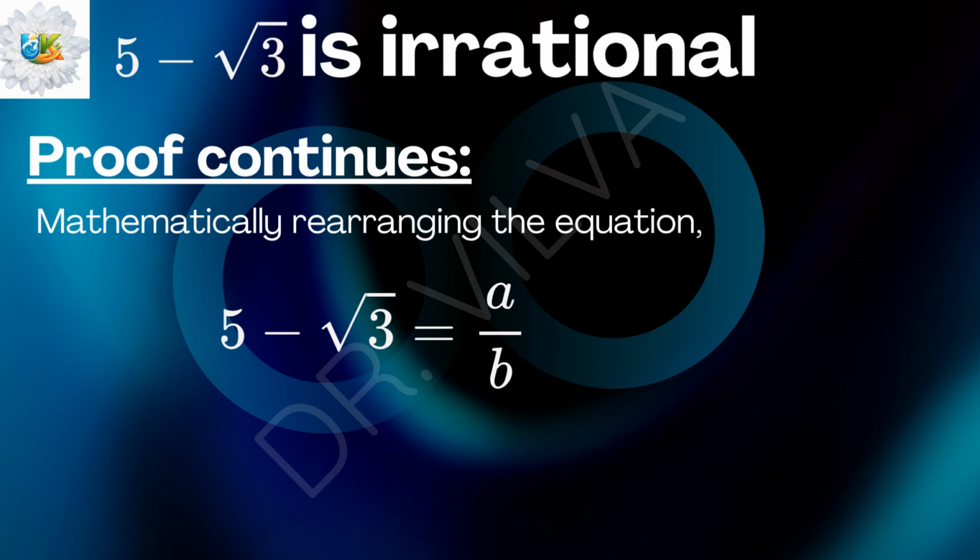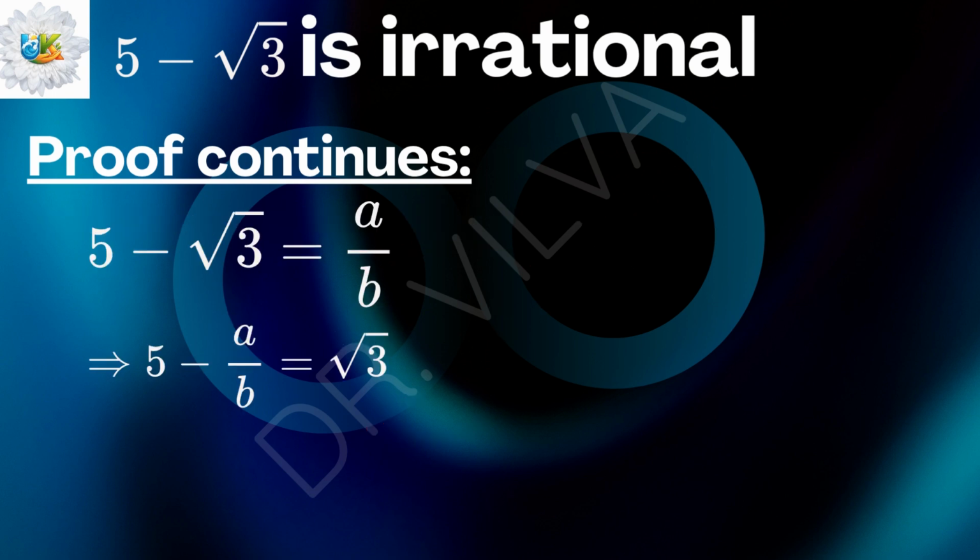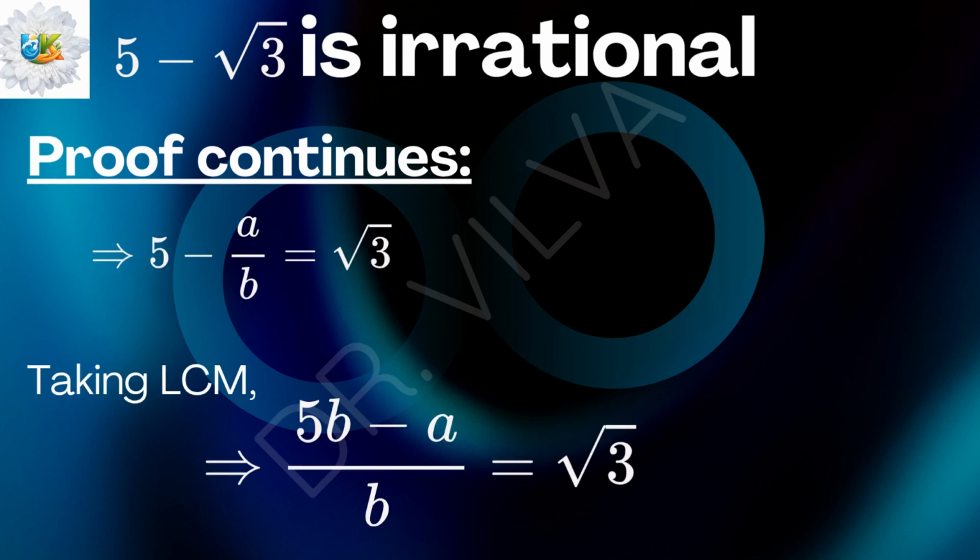Mathematically, we can set up the equation 5 minus root 3 equal to a by b. If we rearrange the terms, we get 5 minus a by b equal to root 3. After finding a common denominator, the equation becomes 5b minus a whole divided by b equal to root 3.